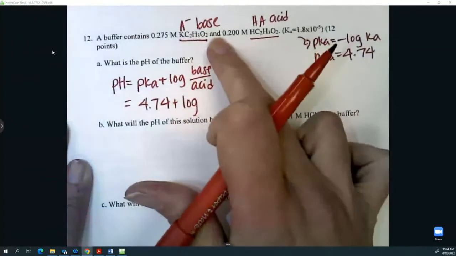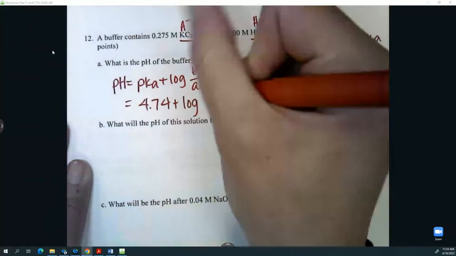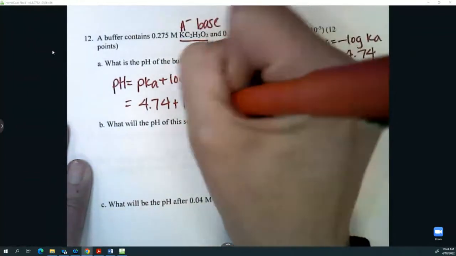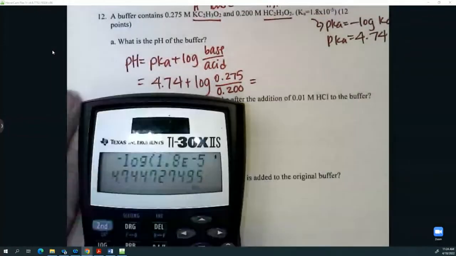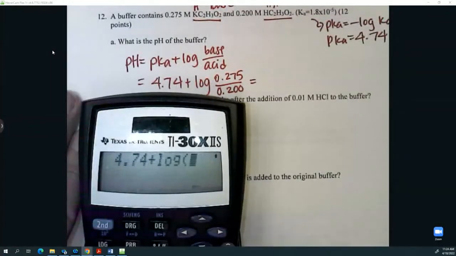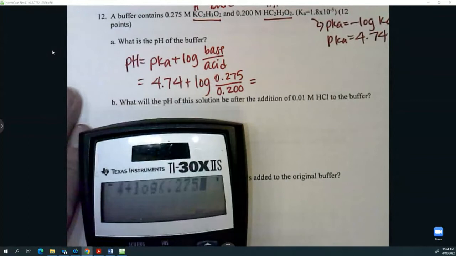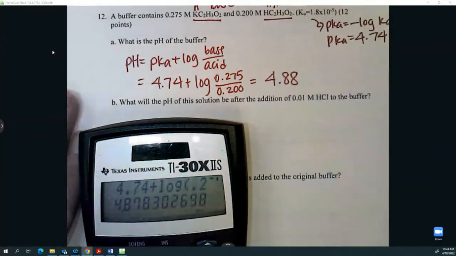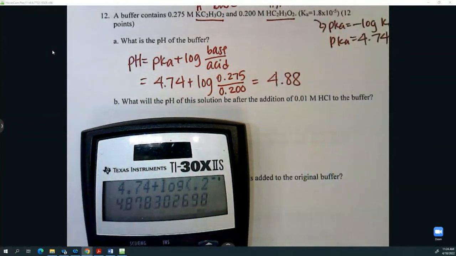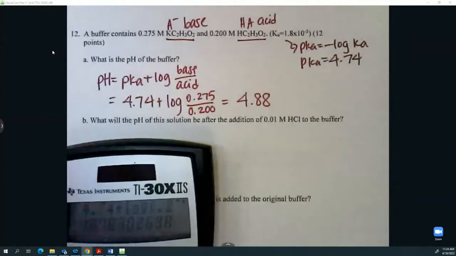And now that I have these labeled with which one's the acid and base, I just plug in the numbers. All right, so I got 4.88 for just the straight buffer.